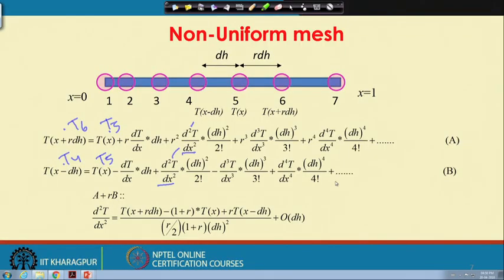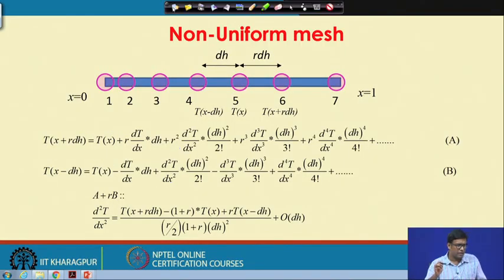So, we need more and more mesh points to obtain a least-error solution compared to the uniform mesh case we saw previously.